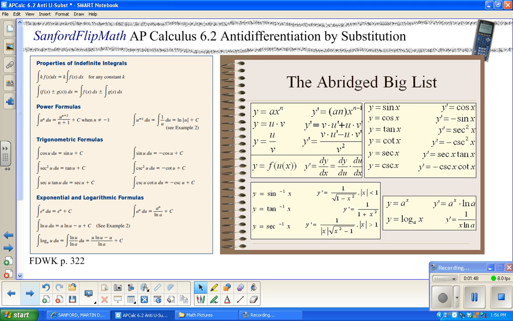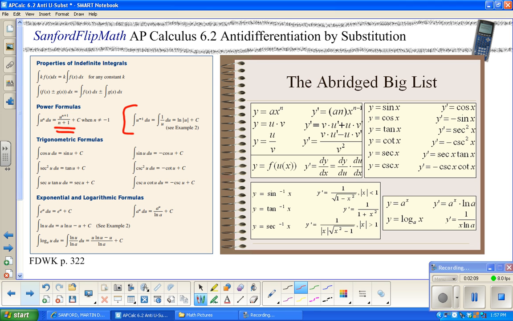This is on page 322, and I will have a copy of this list for you in class, just so you can have one handy, but it's in your book. It's not that deep. And again, just to draw your attention to a couple other issues here. Here's the power rule. Add 1 to the exponent, and then you have to divide by the new exponent.